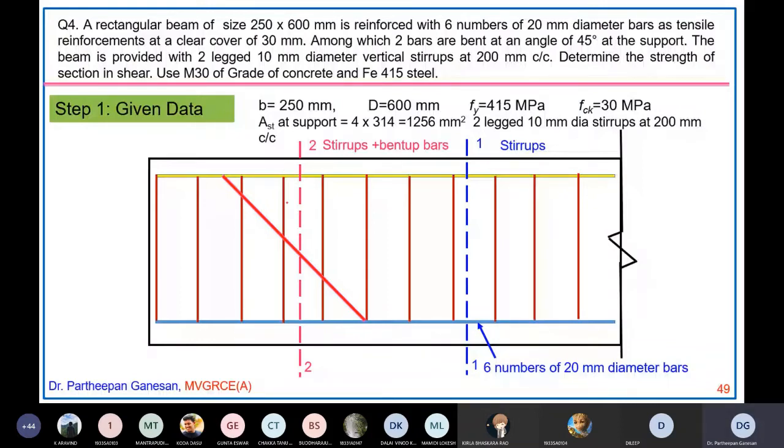Now, if you go to section 3.3, again the number of reinforcement will be 4 only, because from the point where the bent-up starts till the end, you will have only 4 numbers of 20 mm diameter bars. But what kind of shear reinforcement is available here? Anybody?